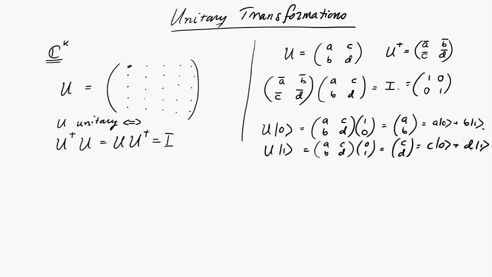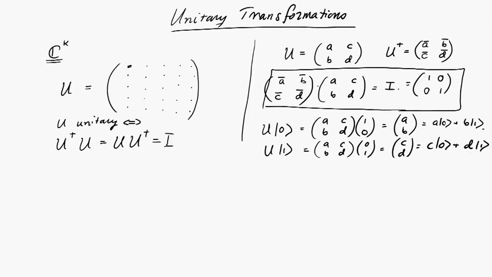Now, what does this relationship tell us about where 0 and 1 get mapped to? Well, can we say something about the relationship between A|0> plus B|1> and C|0> plus D|1>? Well, we can look at the inner product. What's the inner product?